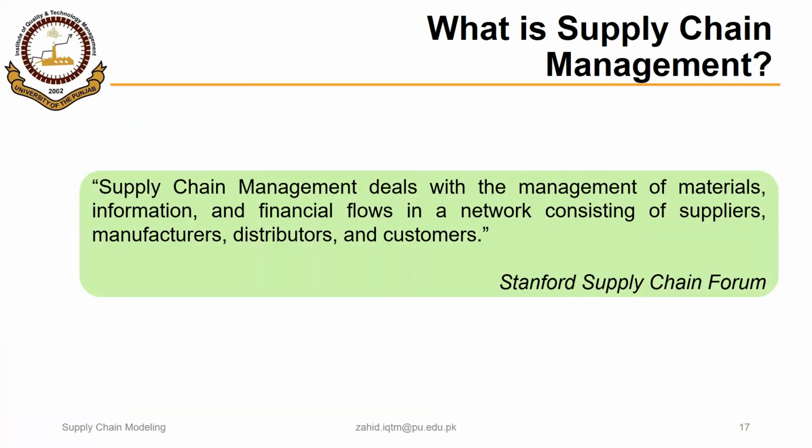So this is the formal definition of supply chain management, that it deals with the management of materials, information, and financial flows in a network consisting of different parties like suppliers, manufacturers, distributors, and customers. I hope this is clear to you, what is supply chain, what is supply chain management, and some basic terminology related to supply chain management. We will continue with this discussion in the next segment. Thank you very much.